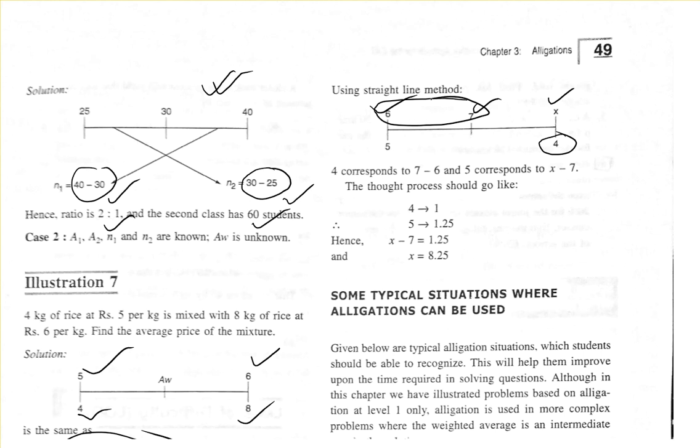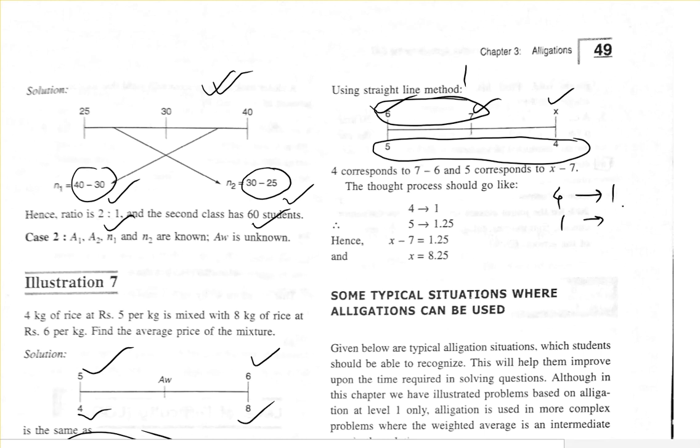So 4 corresponds to 1. So 5 and 4, 9 will correspond to... 4 corresponds to 1, so 1 will correspond to 1 by 4, and 9 will correspond to 9 by 4, that is 2.25.